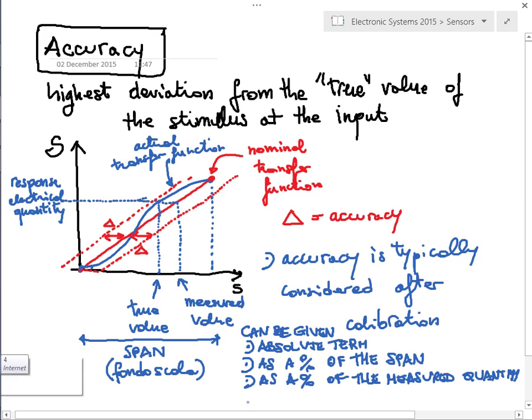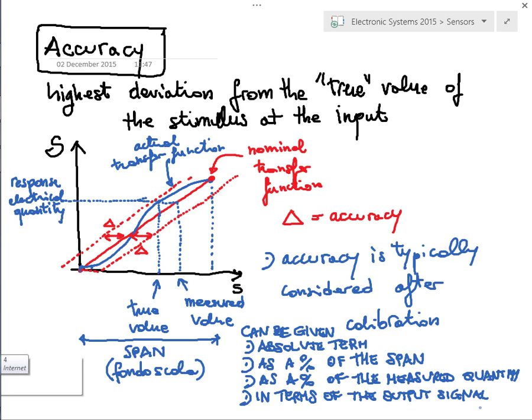Or sometimes it can be provided in terms of the output signal, not in terms of the input, but in terms of the output. This is typical in the case of digital sensors, in which one typically mentions the number of least significant bits in terms of accuracy.